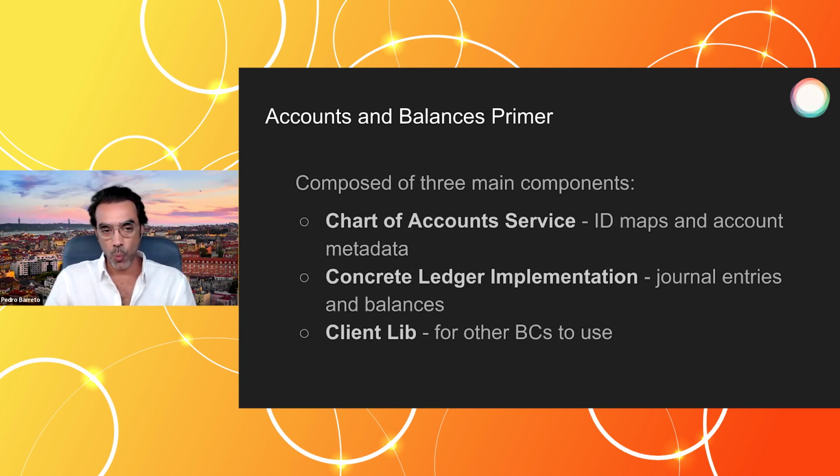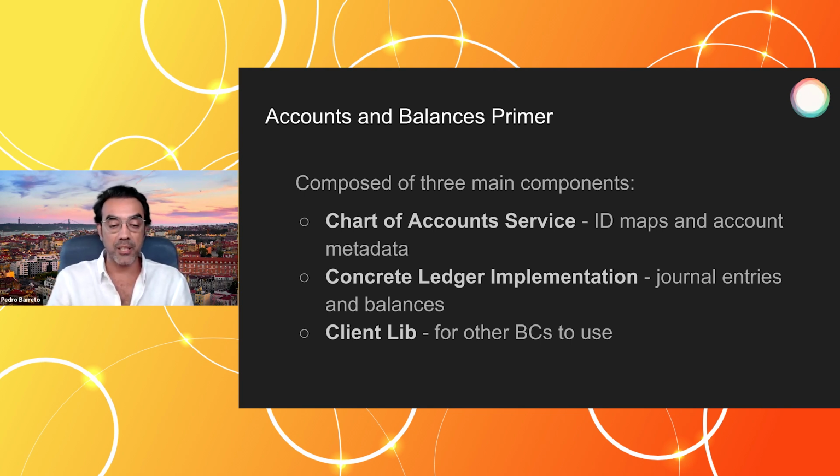So what is it composed of? There's three main parts. One is the chart of accounts service. And obviously all of these services are multiple instances. The chart of accounts service exists to map the accounts. So the internal accounts in Mojaloop, so a payer position account or a participant position account or a liquidity account, has an internal ID, and then it has an external ID.